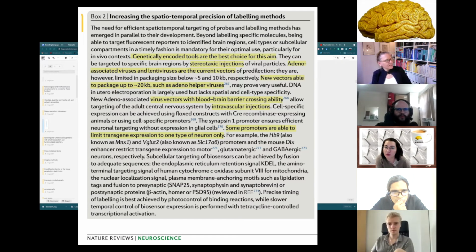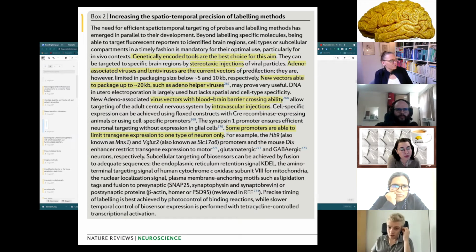But they actually say here that there is a spatial resolution problem and that new vectors can overcome this. It's usually based on a virus that they inject with the labeling tag on it. So yeah, quite interesting, I think, but definitely out of my comfort zone, I have to admit.